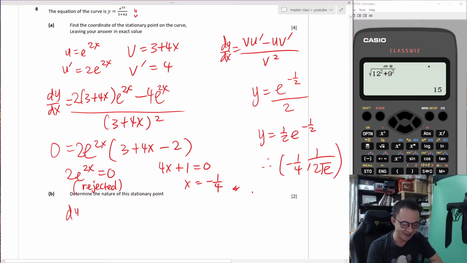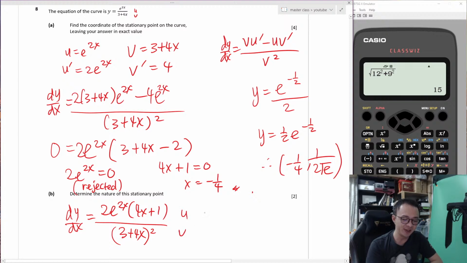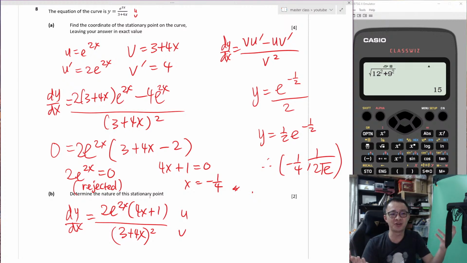Okay, let me just write my dy/dx in a nicer way: 2e^(2x), and then this is (4x plus 1) over (3 plus 4x) squared. Okay, this is uv, but then on the u over there, we actually can split left and right, isn't it? No, we split left and right also, it doesn't help much. Still have a lot of product and quotient.